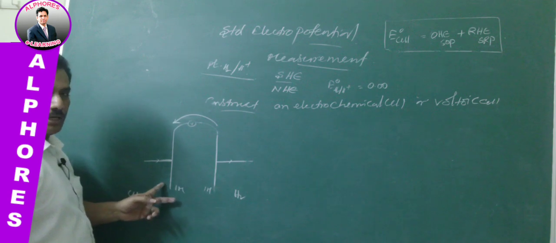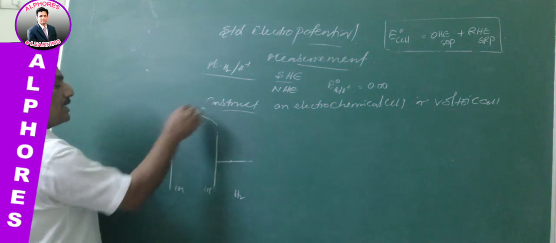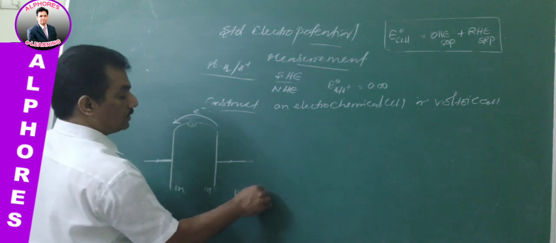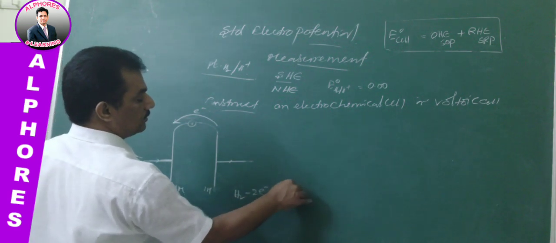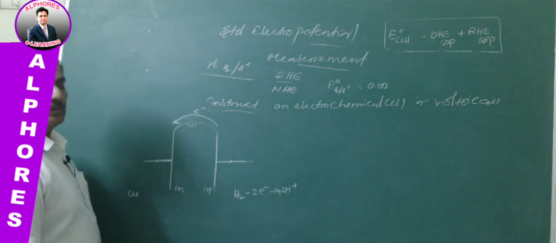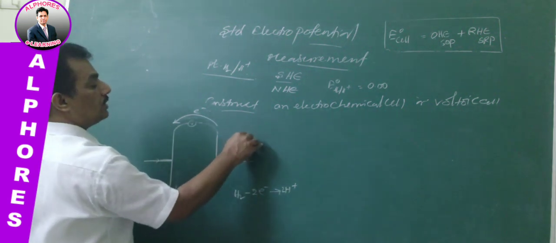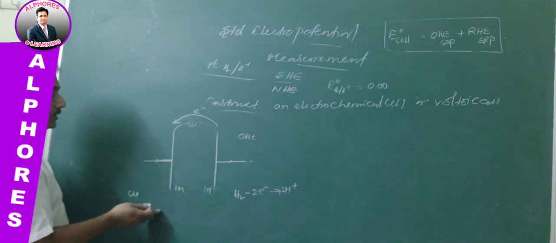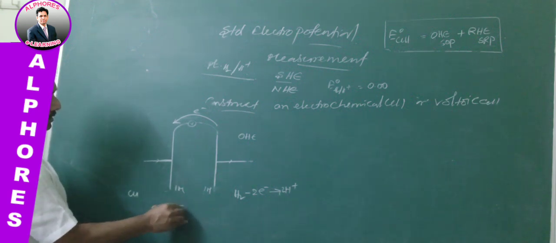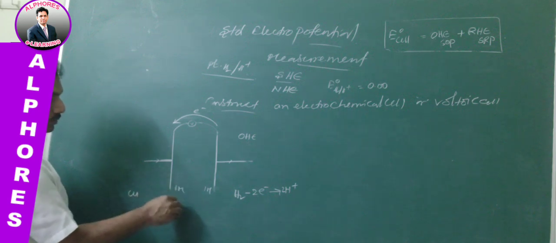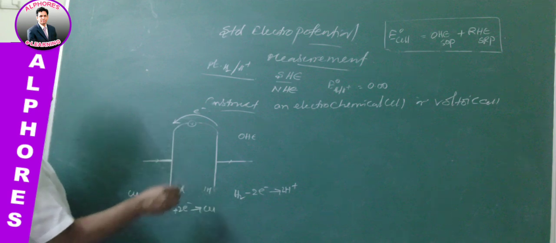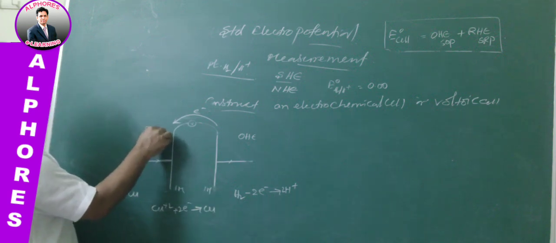So when the electrons migrate like this, we can say that hydrogen is undergoing oxidation. So this is oxidation of electrode. And copper is undergoing reduction: Cu plus 2, present in the electrolyte solution, by taking electrons is reduced to Cu. That's why it is RHE.